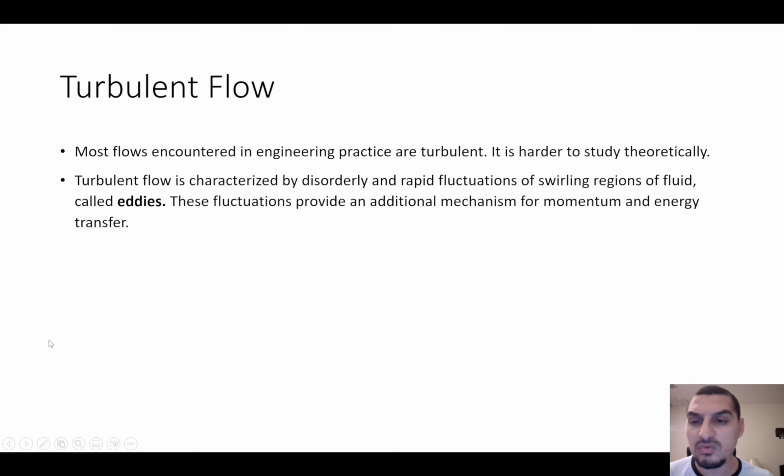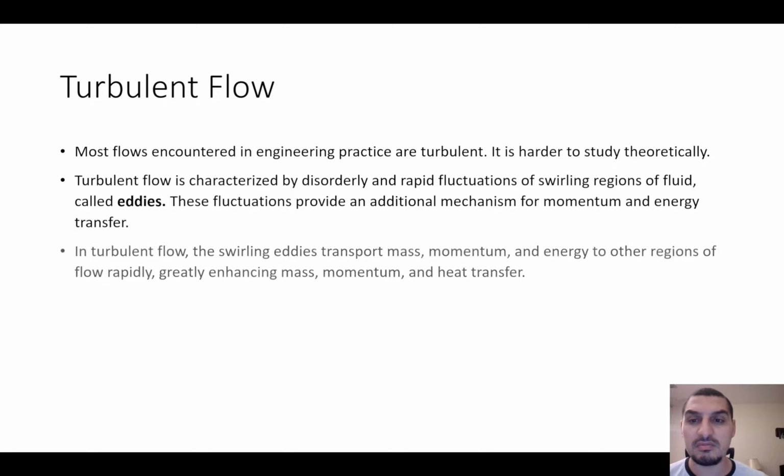It's going in what we call eddies, like swirls, that the fluid is making while it's moving forward. This is a very useful thing, because these eddies are what make the transport of heat and mass, or energy and mass, more enhanced in the turbulent flow than in laminar flow.